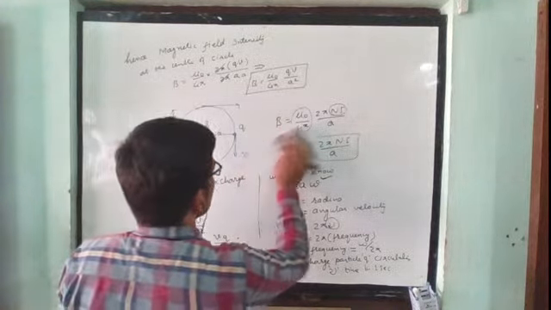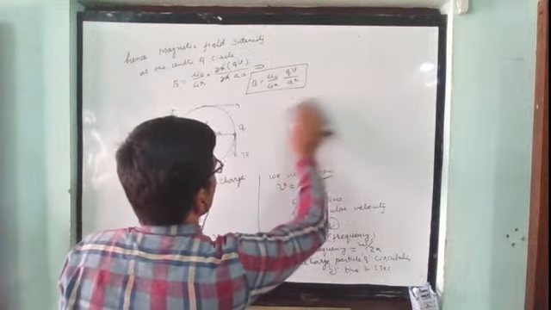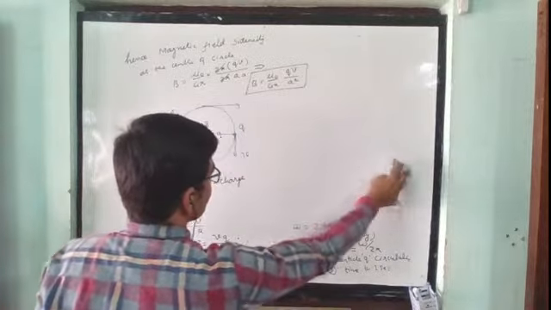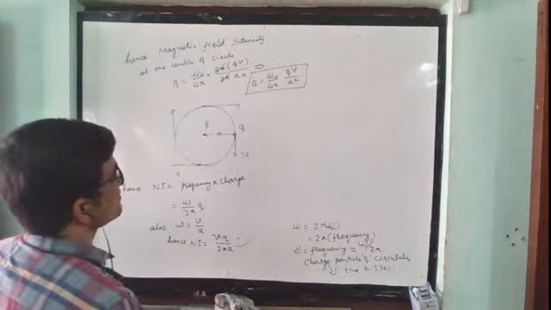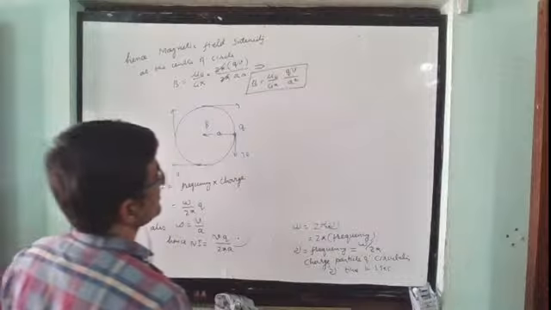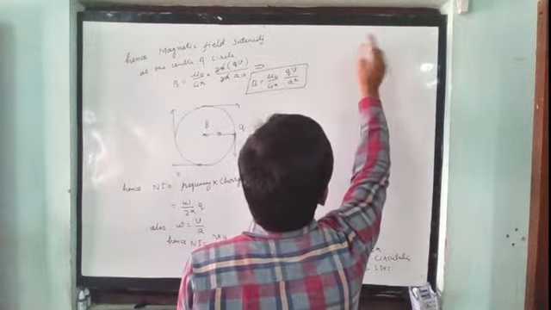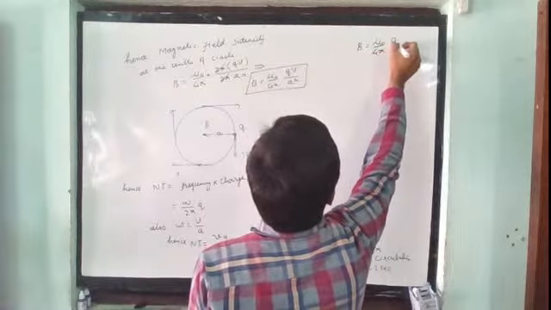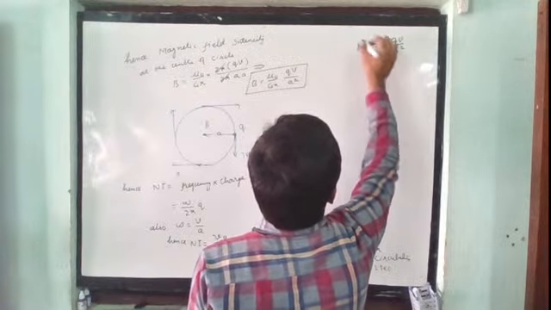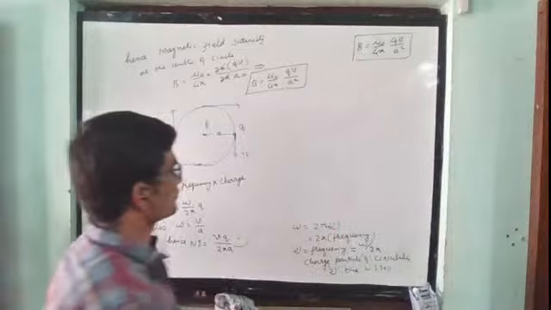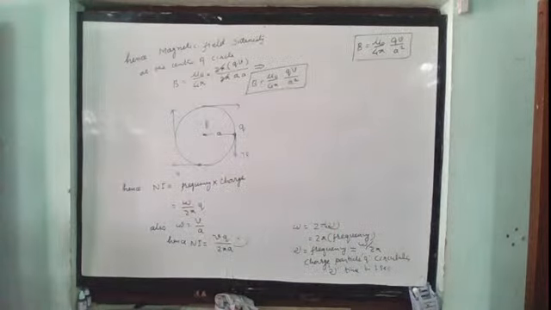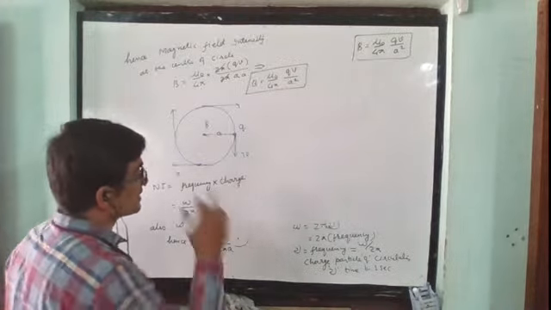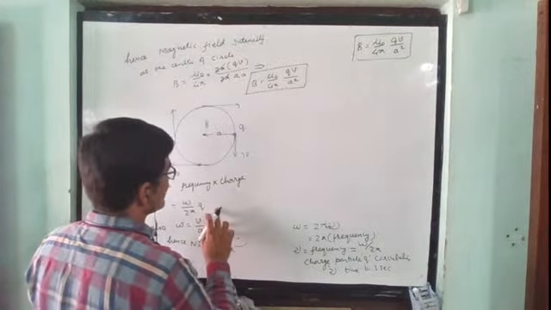Now here one more thing we will see. We will write in terms of omega also. Okay, this is the formula in terms of V. We will write in terms of angular velocity.